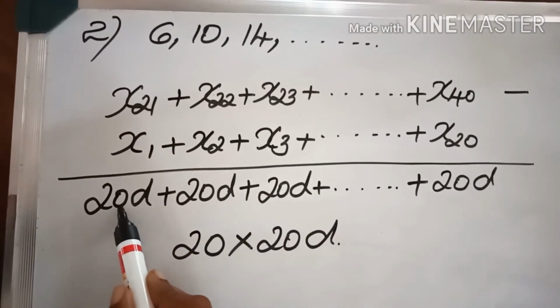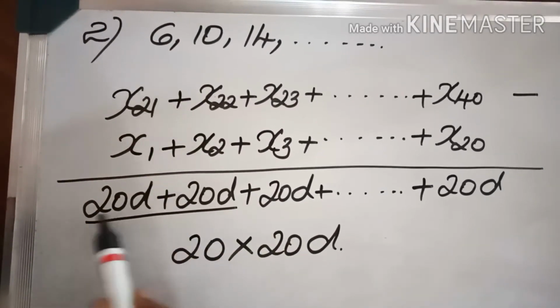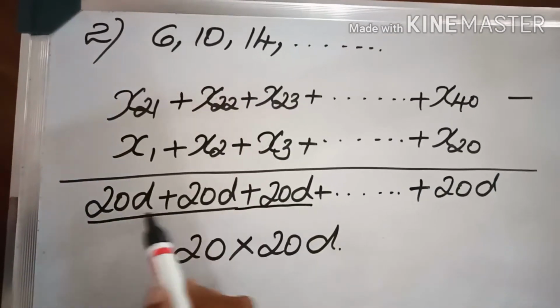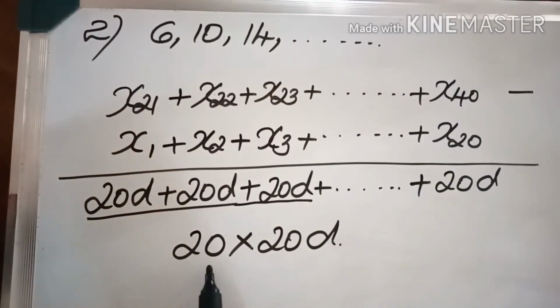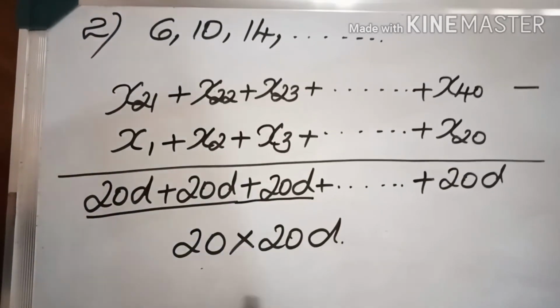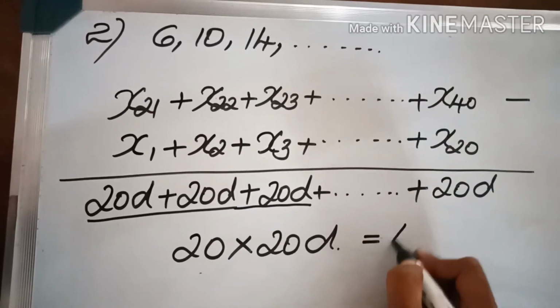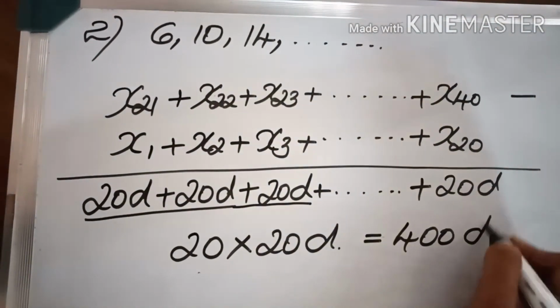If up to this, 3 times. Here up to 20 terms. That's why 20 into 20d. Now 20 into 20, 400. Now we need 400d.